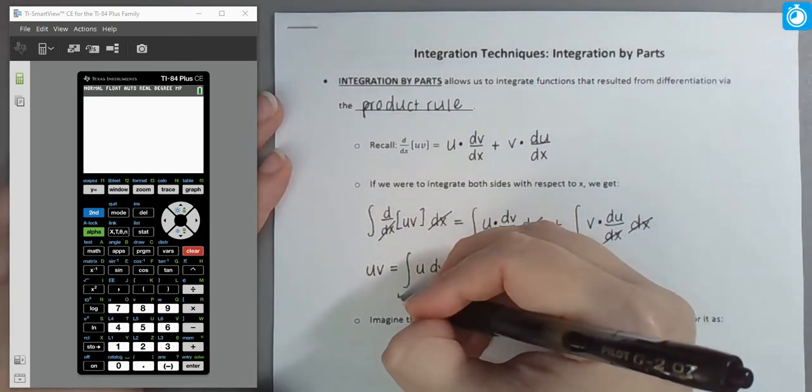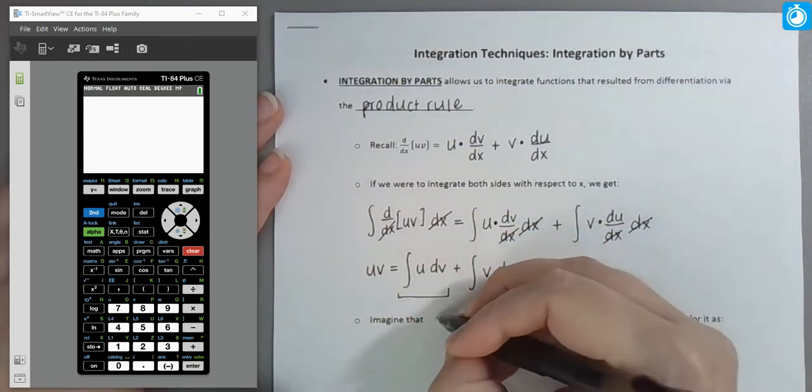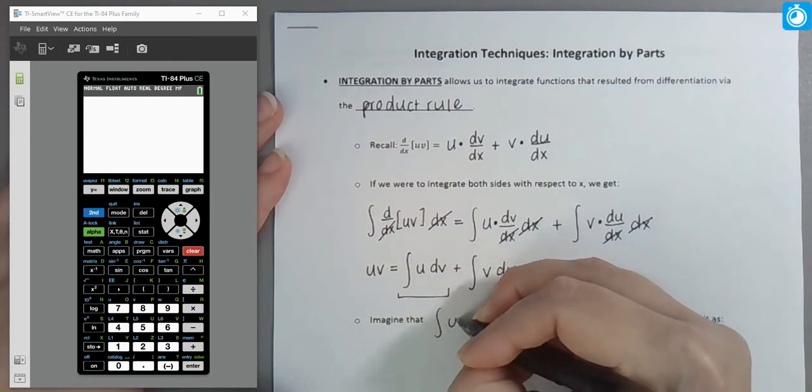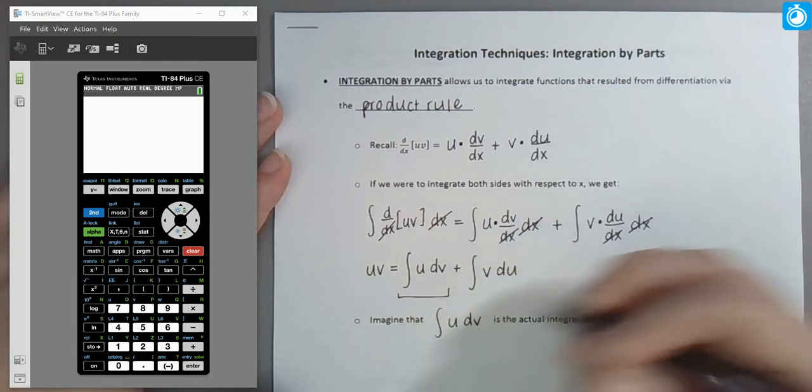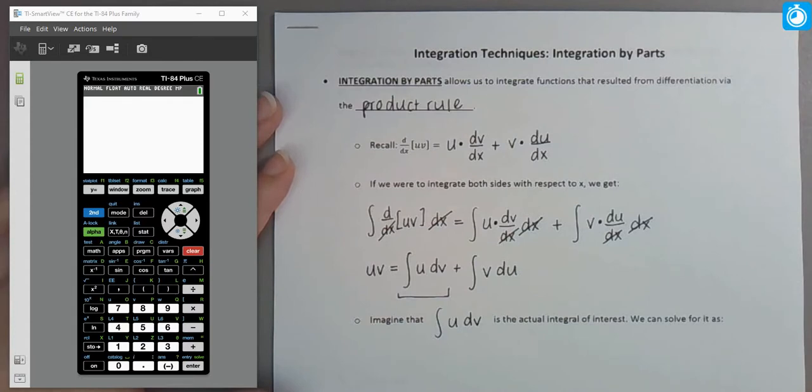So suppose maybe just this one integral. Imagine that the integral of u dv is what we're actually interested in integrating. So some function multiplied by dv, the differential with respect to another function. In other words, non-matching variables. Suppose this is the actual integral that we're trying to find.